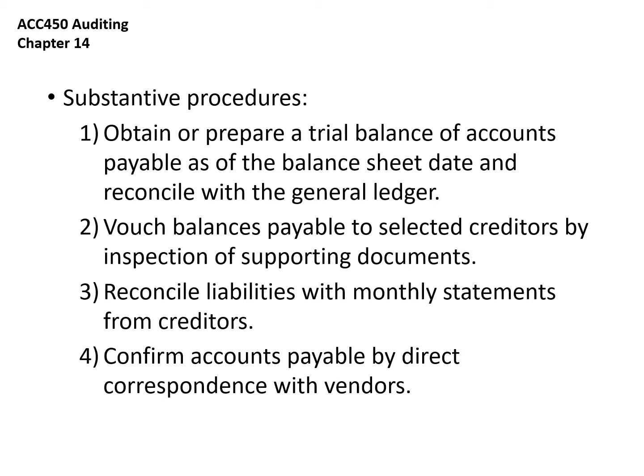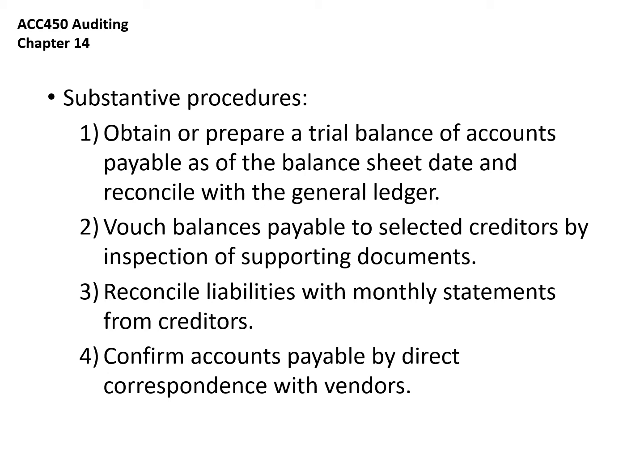We will vouch balances to selected creditors and inspect supporting documents. We'll reconcile the liabilities with monthly statements from the creditors. So either we'll review what the client has done. Hopefully that's one of their internal controls, is somebody that is not involved in processing accounts payable is receiving the monthly statements from vendors and comparing those to the aged trial balance for that particular vendor, making sure they're in agreement and there aren't any duplicate invoices that have been recorded or missing invoices.